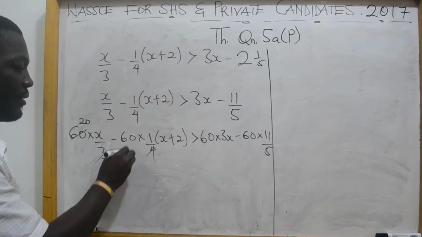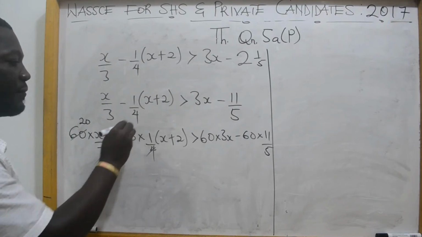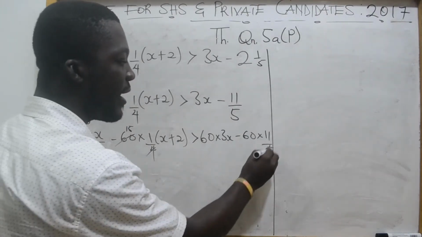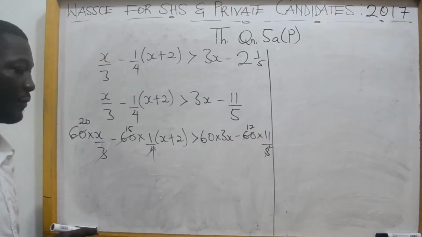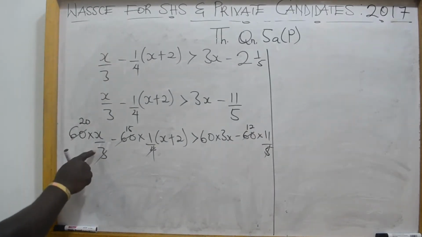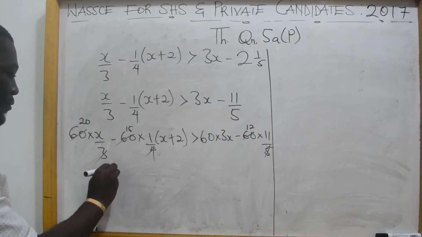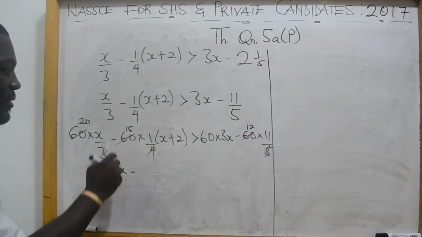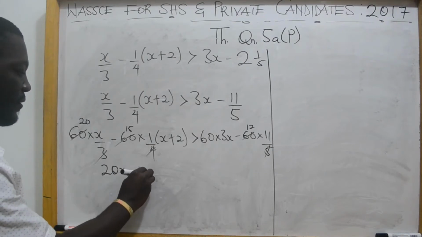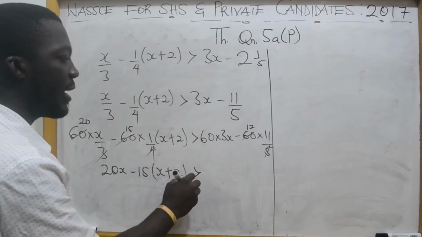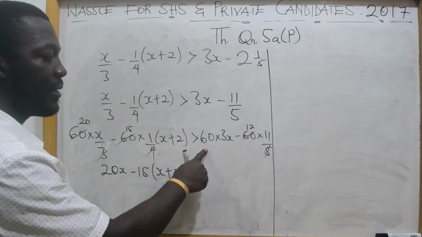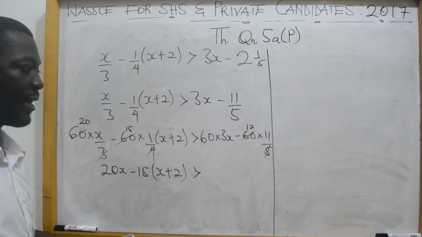Then 4 into 60 is 15. Then 5 into 60 is 12. 20 times x will give us 20x minus 15 into (x plus 2) greater than 60 times 3x.